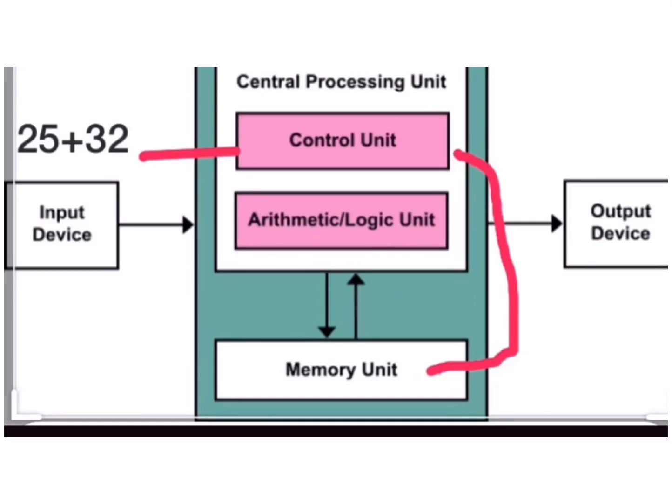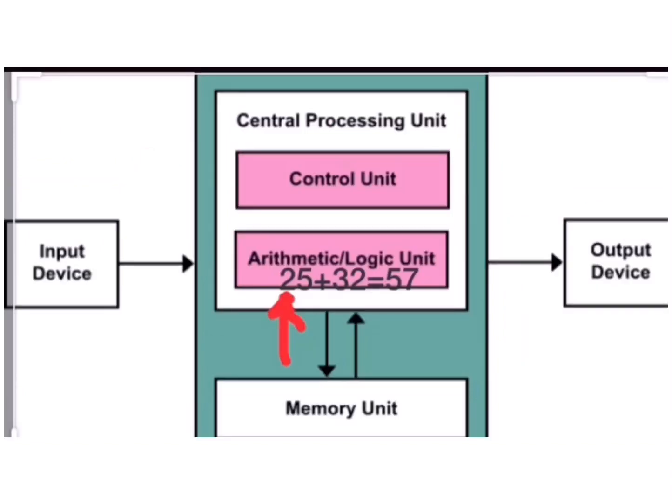The CU, control unit, takes the input from the keyboard keys and sends it to the memory unit. For example, you can see 25 plus 32 is the input and the control unit sends it to the memory unit.